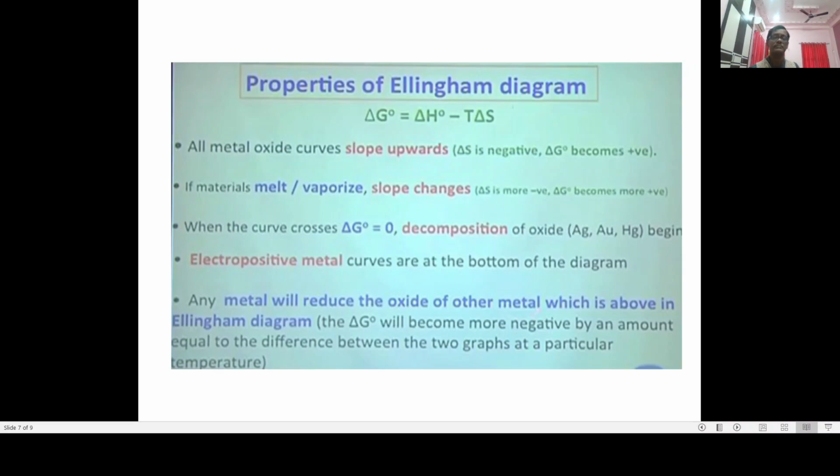So this property is available from the slope of the graph.